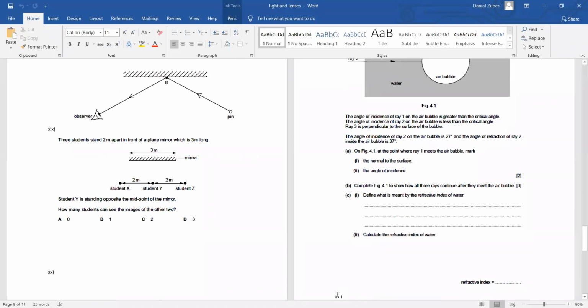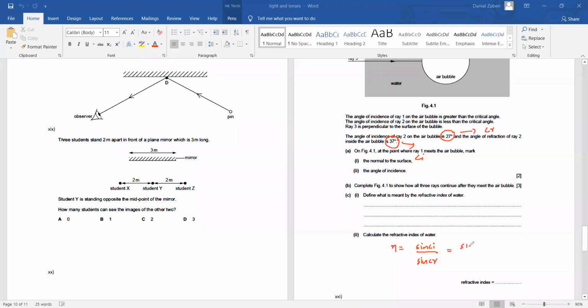So how can I calculate the refractive index? I can use the formula n equals sine angle i over sine angle r. It was already mentioned here: angle of incidence 27 and angle of refraction 37. But I would take this as the angle of incidence and this as the angle of refraction, because a smaller angle is always the angle of refraction.